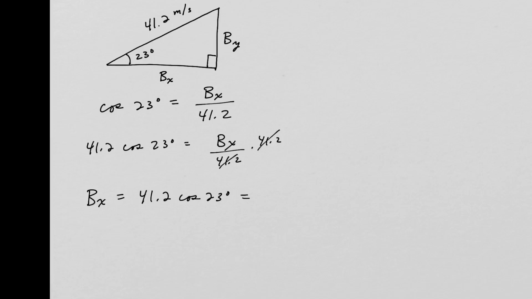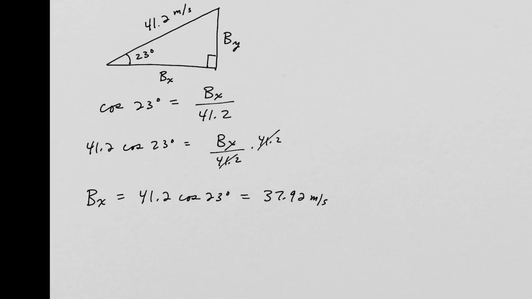So that you would just plug into your calculator. Make sure that the angle is in degrees and not radians. Right now we're using degrees. So 41.2 times cosine of 23 is around 37.92. And then, again, it has units of velocity, so it's meters per second.